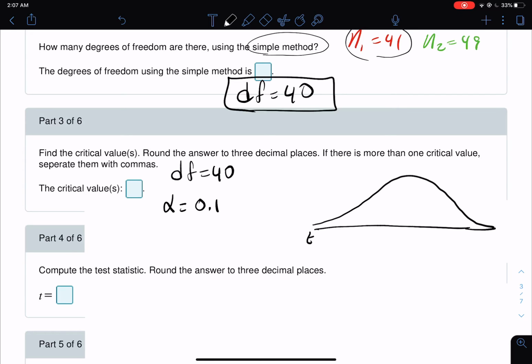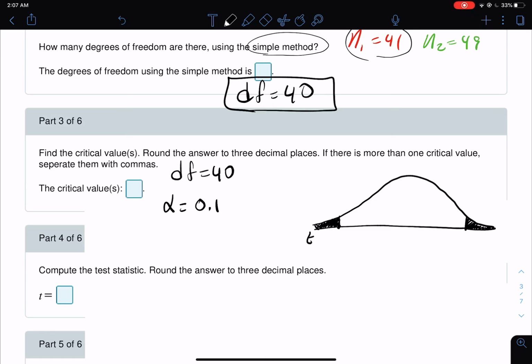But this is a little bit tricky. You got to be careful. This is a two-tailed test. And remember, with a two-tailed test, your alpha has to be split into both tails.